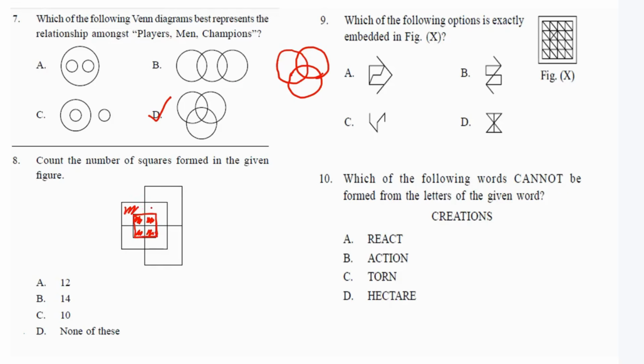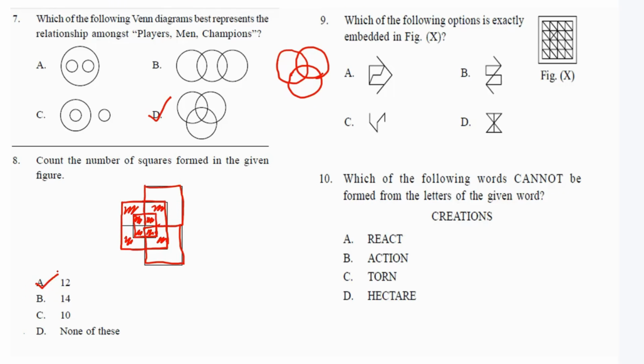So this is 1, this is 2, this is 3, this is 4, and this total is 1, that is 5. So 5 plus 5, we have 10 here. And this one is 1, that is 10 plus 1, 11. And this is 1, that is 12. So a total of 12 squares are here in the figure, right?